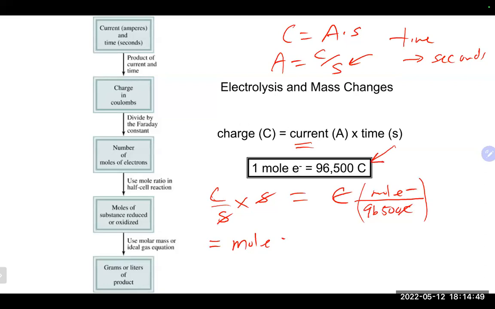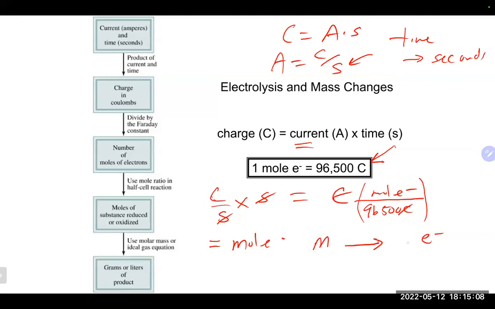This is where the two half reactions would come into play, for the anode and the cathode side of your electrolysis cell. In that, you would have some electrons and maybe some type of metal here.